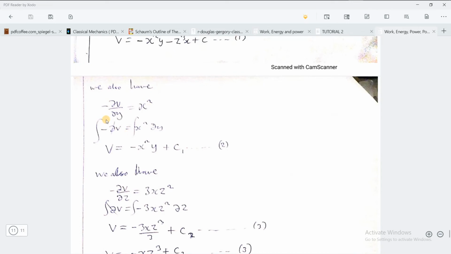Then multiplying this partial y with this, we get something like this. This is the integral of minus partial v being equal to the integral of x squared partial y.